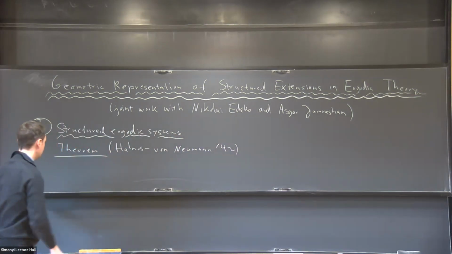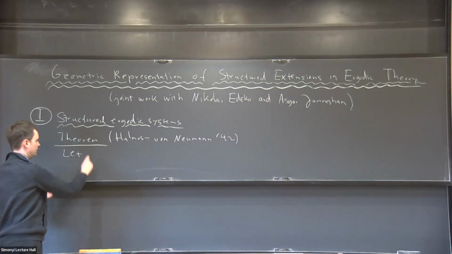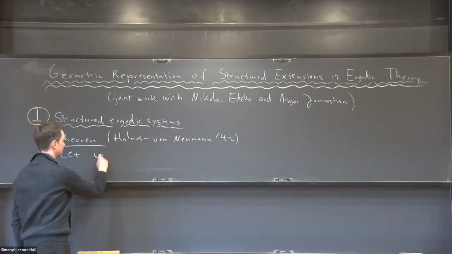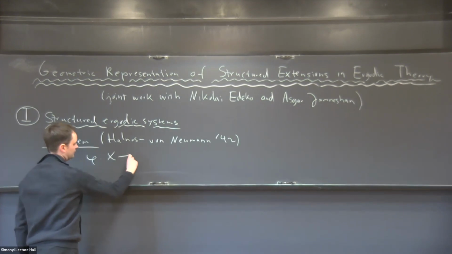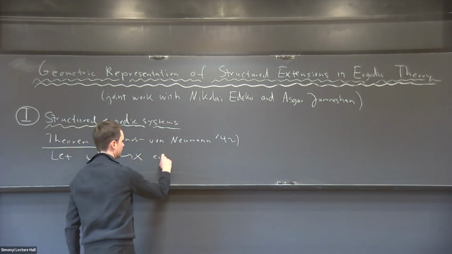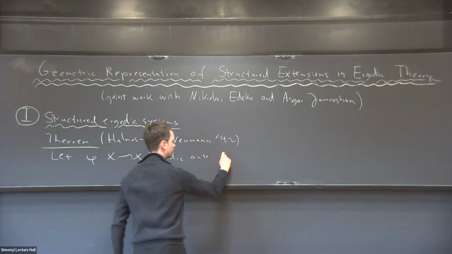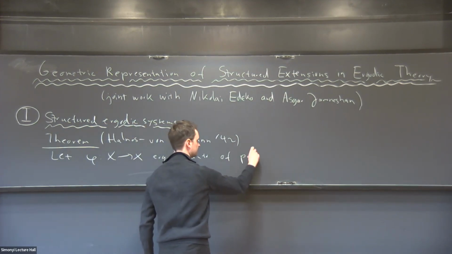And they considered an ergodic transformation, an automorphism of a probability space. So let phi from X to X be an ergodic automorphism of some probability space X.